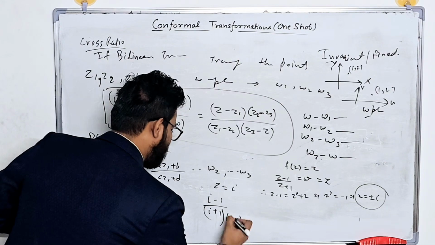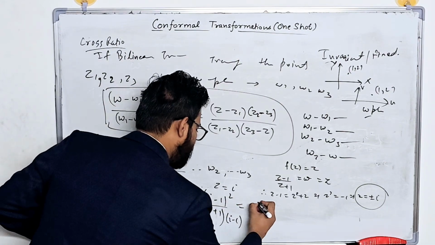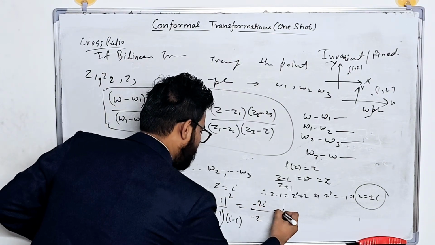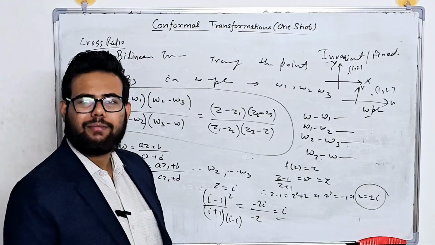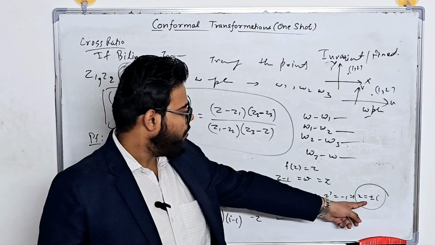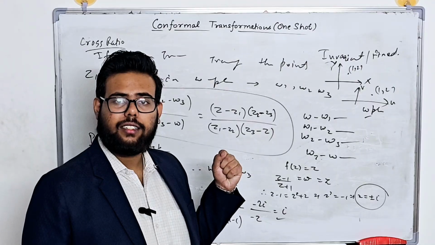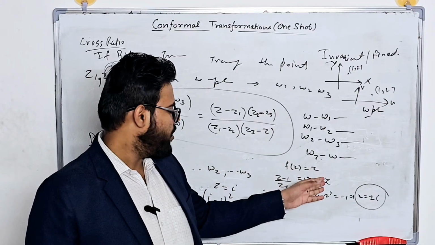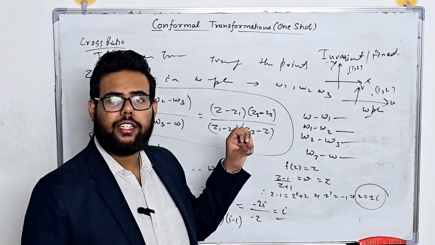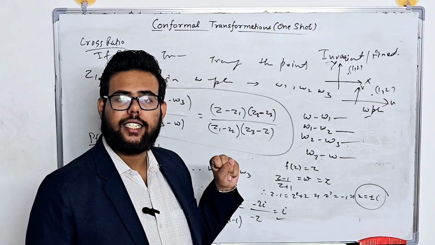Rationalize it. So it is equal to i, right? And if you substitute negative i, you will again get negative i. So it means that f(z) is equal to z in this case, not for all values, but for the invariant points. So there are two invariant points in this case.